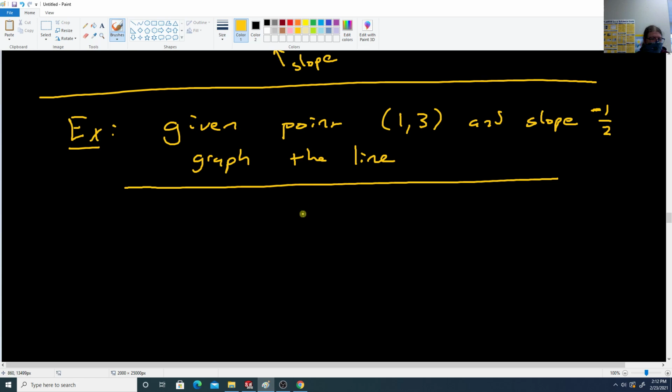So step 1 is you plot the point x value 1, y value 3. We plot the point 1, 3.